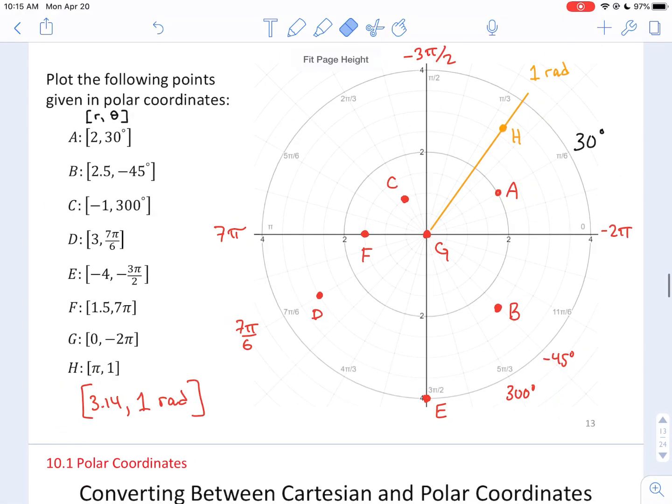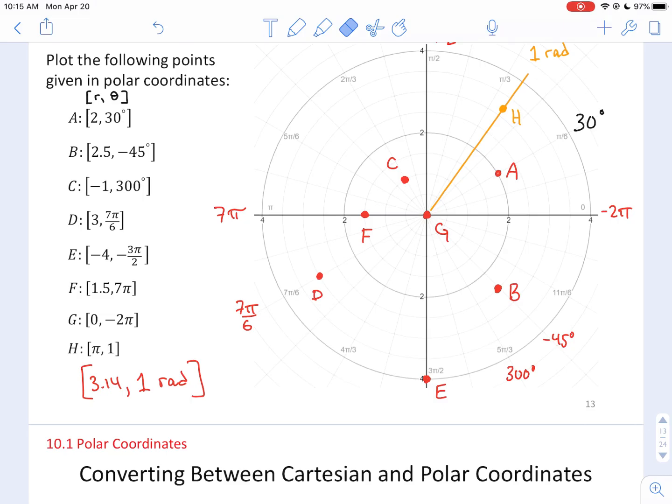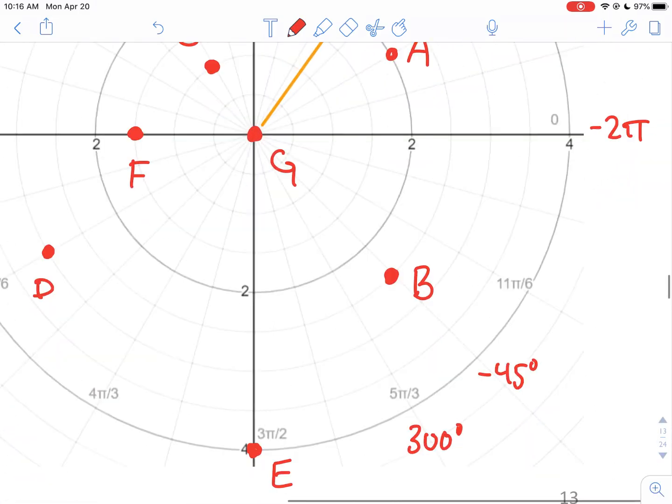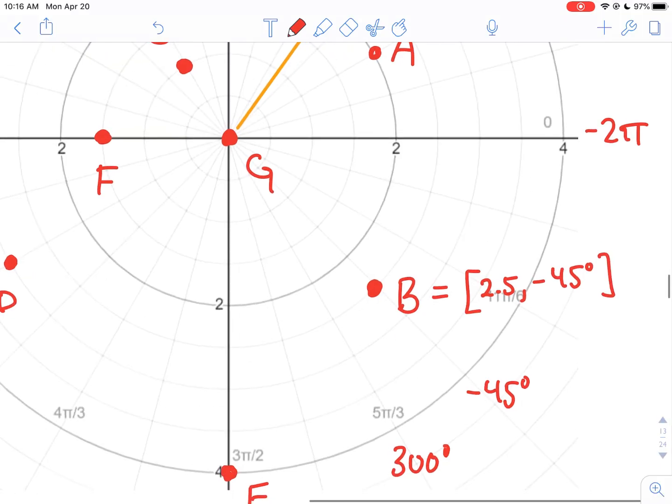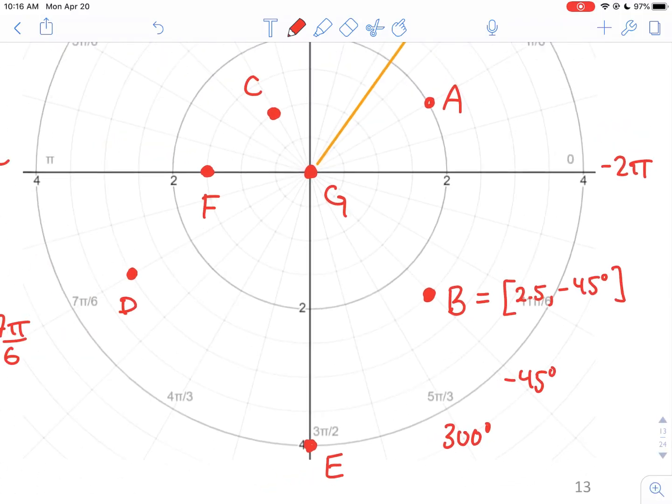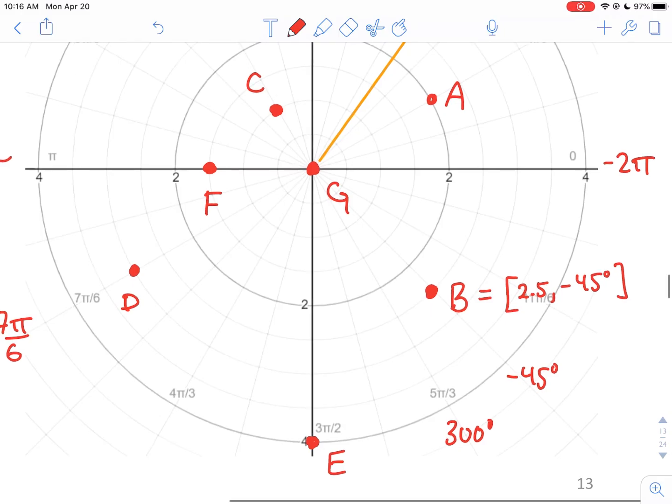Okay, now just to illustrate some of the complexity of labeling these points in polar coordinates, let's just focus on point B. Point B was originally presented as go out 2.5 units along a trajectory of negative 45 degrees. But you can get there in multiple ways. Instead of going negative 45 degrees, you could go positive 315 degrees and go the same 2.5 out.